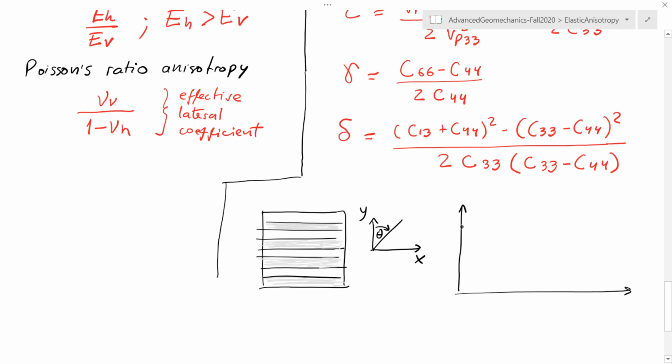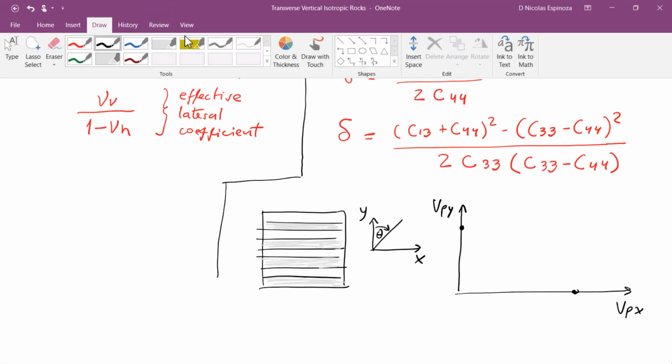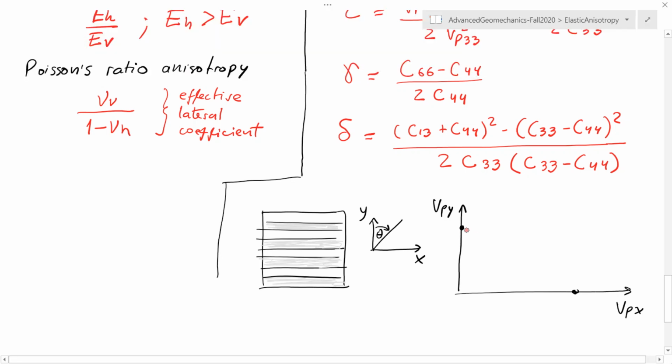So 0 would be the vertical velocity, 90 would be the horizontal velocity, and in between I'm going to have the prediction from weak anisotropy that is going to be a function of this angle theta.